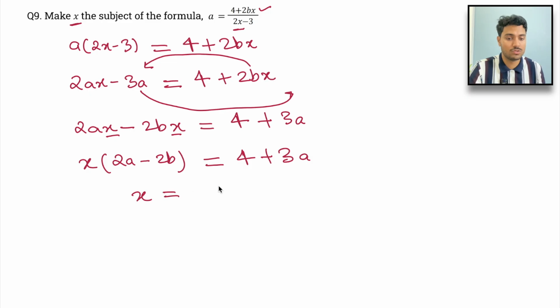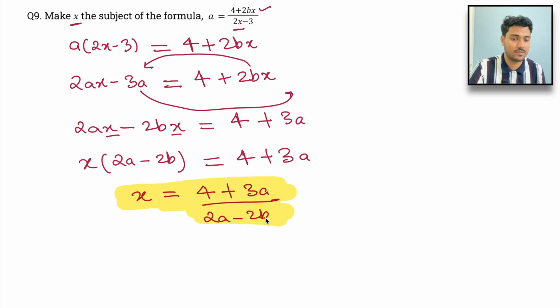So x is equals to 4 plus 3a divided by 2a minus 2b, and that's the answer. I hope this was clear to everyone. You can rewind and recheck the answer again and again to get better clarity. And if you still have any doubts, you can write it in the comment section.